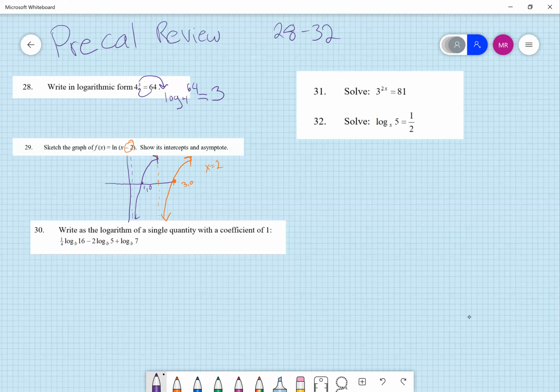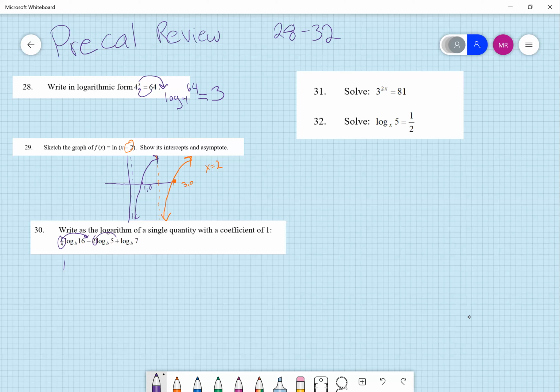All right, now we get to combine logarithms. So write the logarithm of a single quantity with a coefficient of 1. So we're going to use the power rule. So what we're going to do is bring the coefficient up as the exponent for each of these.